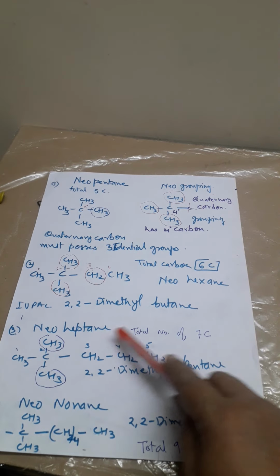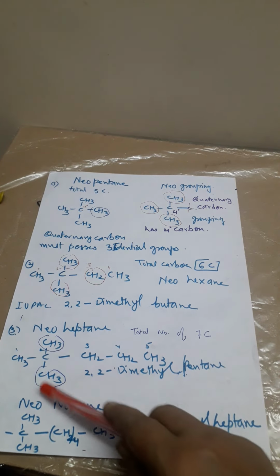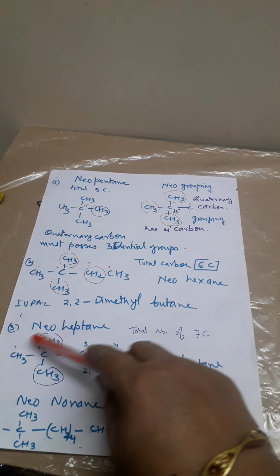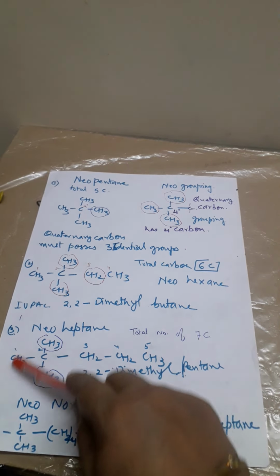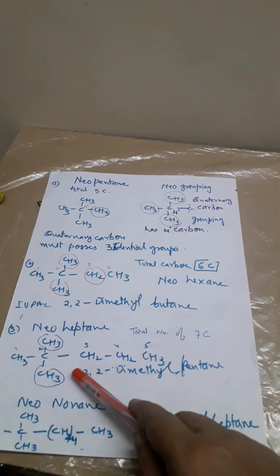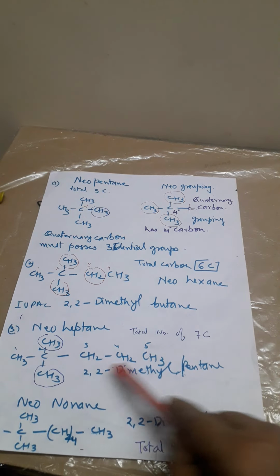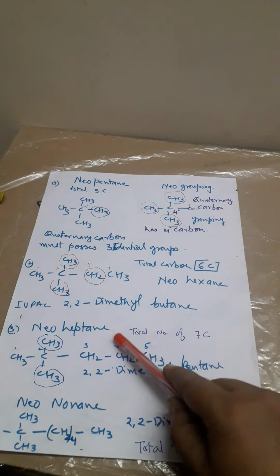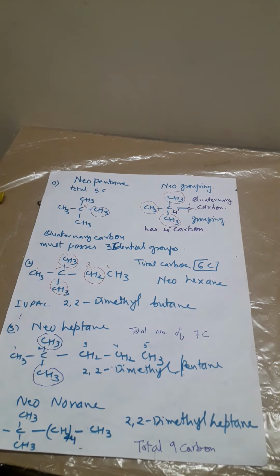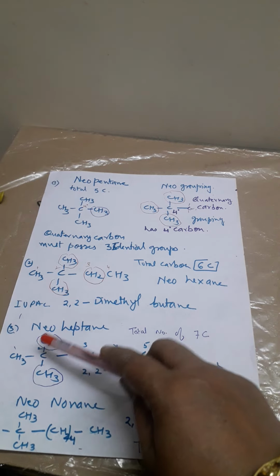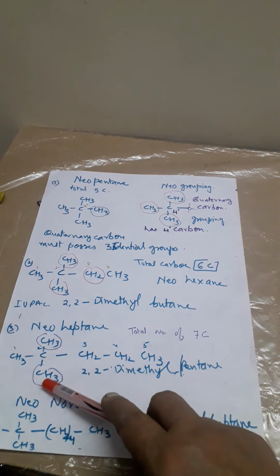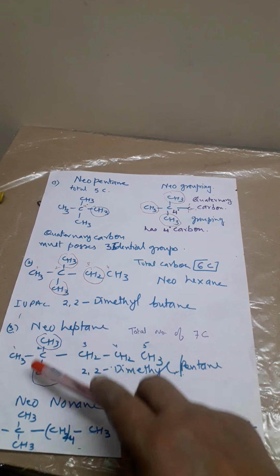Now neoheptane, total number of carbons 7. So we have to write that the total carbons here are 4, 5, 6, 7. In neo grouping, 1, 2, 3, 4 carbons are there. So the total carbon is 7. So this is neoheptane. But the IUPAC naming is totally different. In IUPAC naming, we say that this is a straight chain and these are the side groups, which are called substituents.